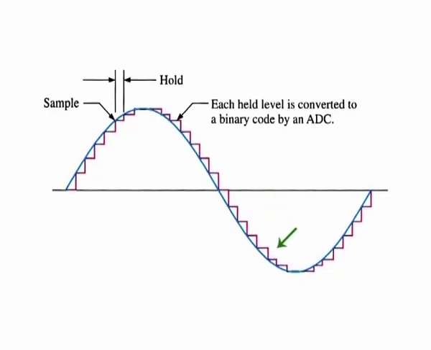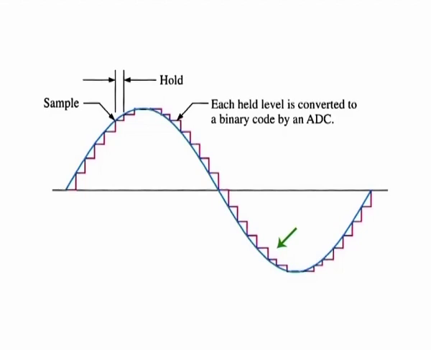The process of changing the original analog signal to a stair-step approximation is accomplished by a sample and hold circuit. Next, the stair-step approximation is quantized into binary codes that represent each discrete step on the stair steps by a process called analog to digital conversion.